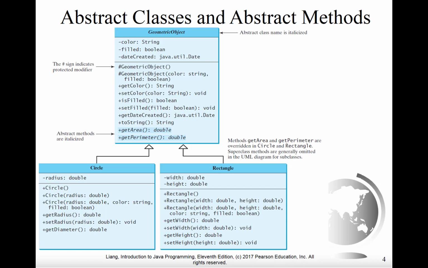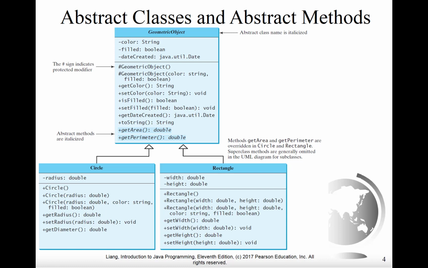What that means is that these constructors are going to be visible to the circle and rectangle classes because they extend the geometric object class. However, they will be private as far as other objects are concerned.